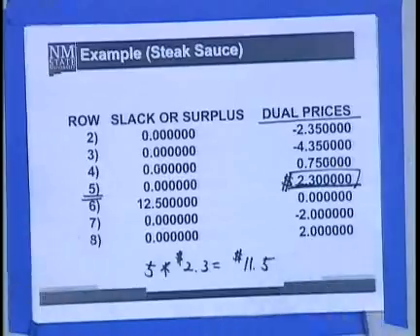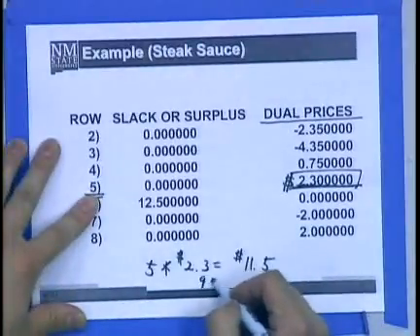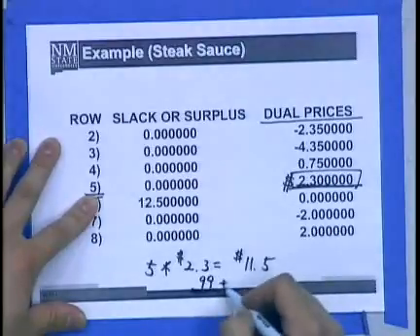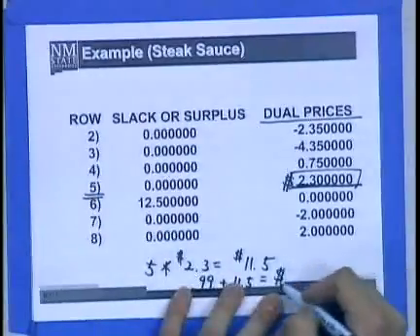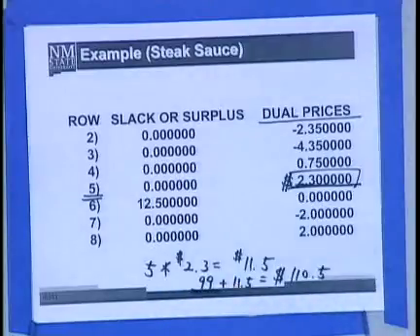So the profit would be $99, that is the current objective function value, plus 11.5, which becomes $110.50, right? Okay.